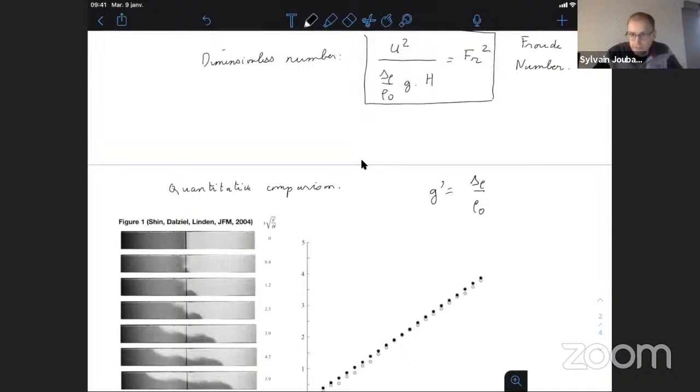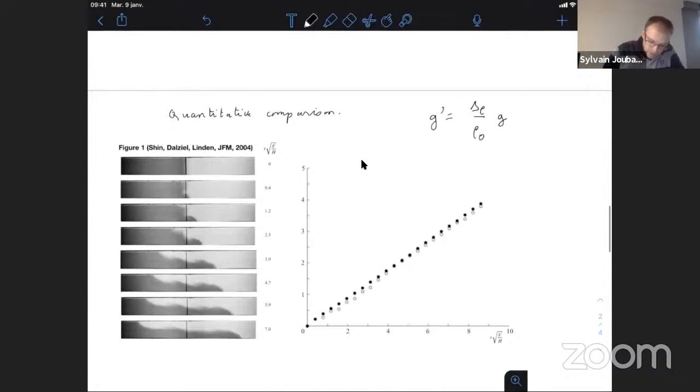Basically, the densities ρ1 and ρ0 are usually close, it doesn't really matter. That's the reduced gravity. You can define a critical time scale, t star, the square root of h over g prime.